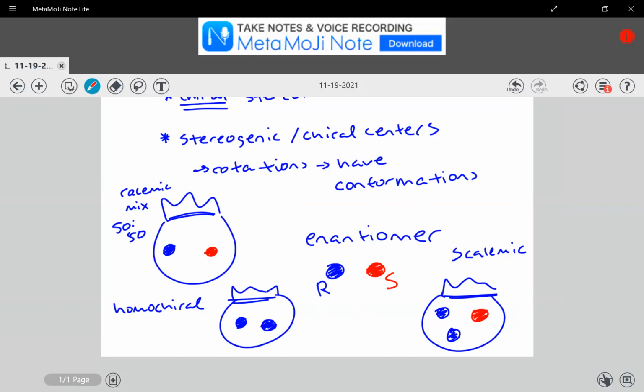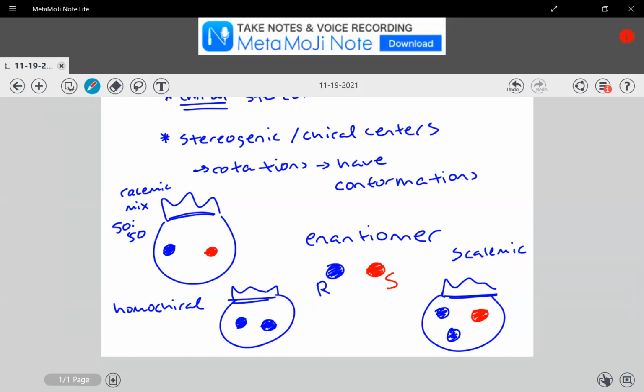Personally, I have no actual idea when you would say racemic mix. Maybe it's like in a solution. They have different enantiomers of the same molecule. Or in a candy bag. I don't know. I don't think it's one molecule though. Yeah. So we'll probably see these mixtures in solutions and stuff.